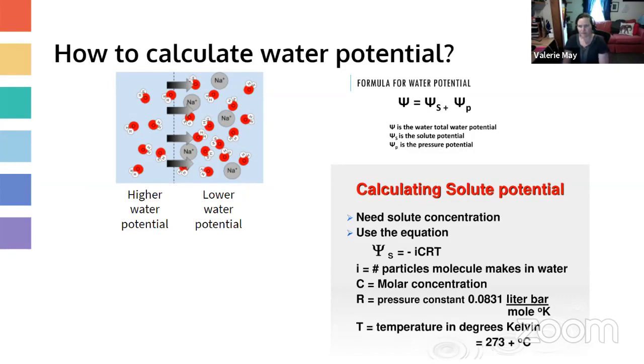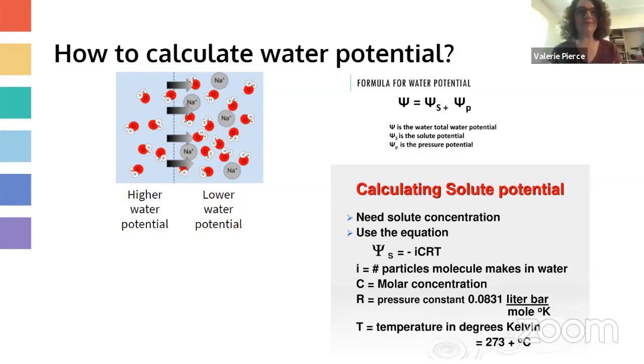I think last year or 2 years ago, there was a question that involved water potential, and students could use the terms hypertonic, hypotonic, hyperosmolar, hypoosmolar. As long as they did it correctly, any of those approaches were okay.